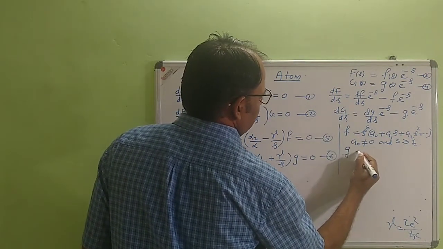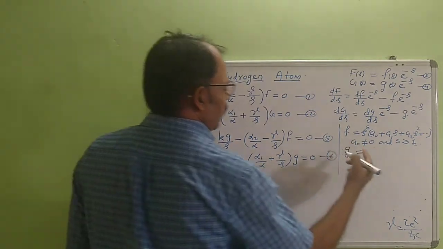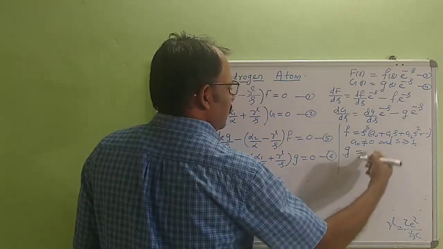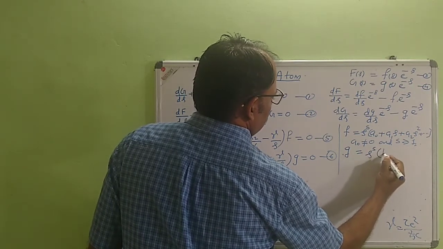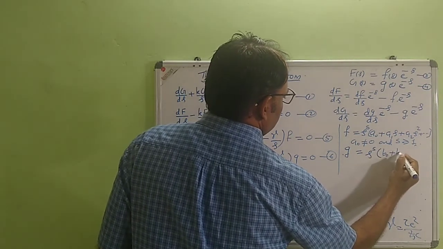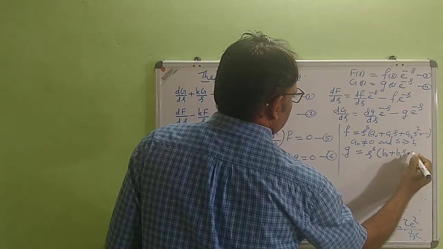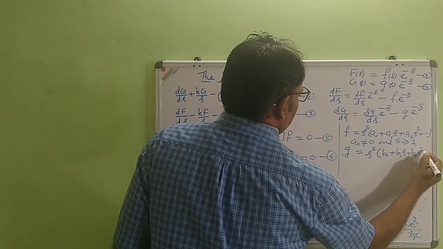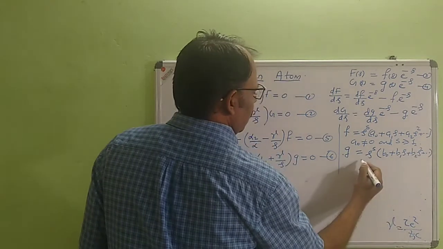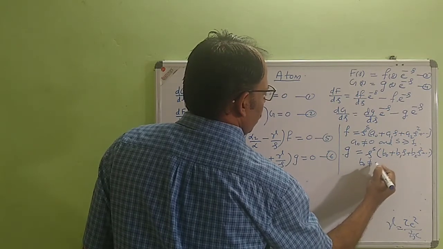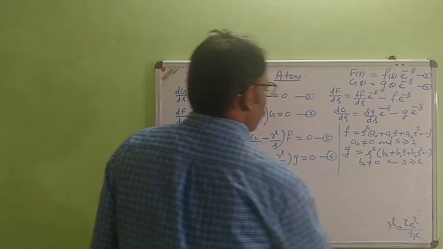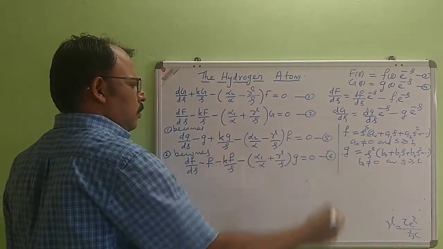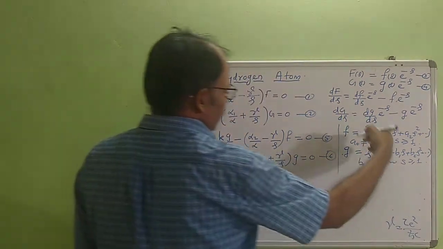Now take G. In a similar way we can write G in a series as rho raised to s times b0 plus b1 rho plus b2 rho square plus etc., where b0 not equal to 0 and s greater than or equal to 1. s is not equal to 0, s cannot be negative.